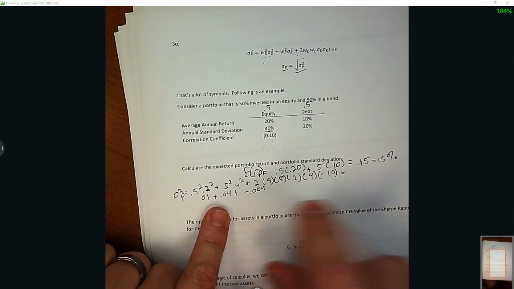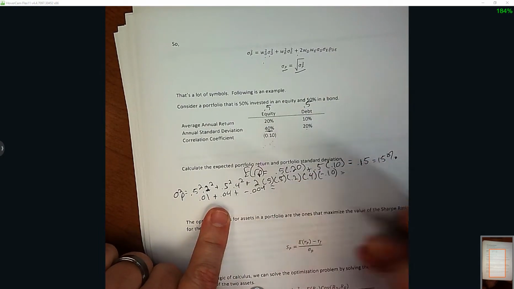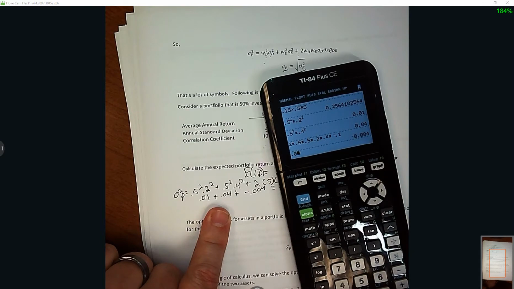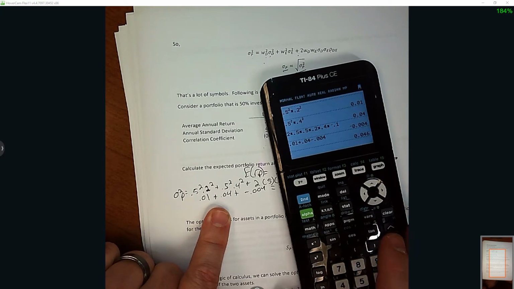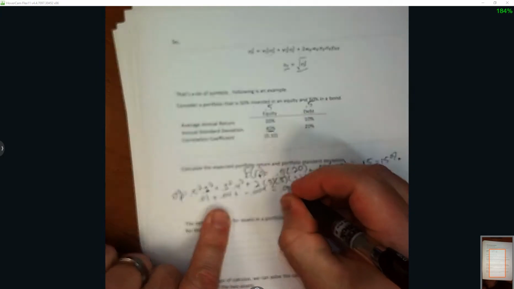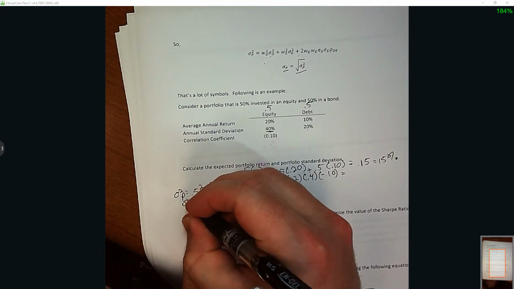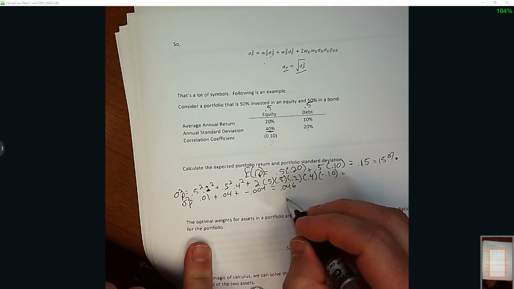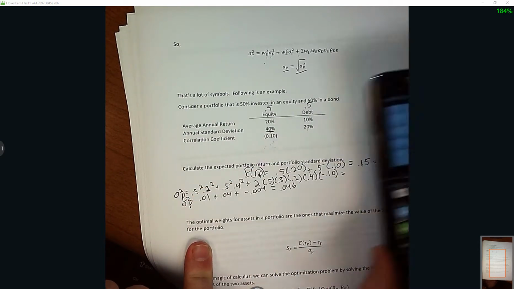So now I'm going to add those up, and that's going to give me my variance. 0.01 plus 0.04 minus 0.004 gives me 0.046. And so that's the variance of my portfolio. And then I'm going to take the square root of that variance to get my standard deviation.